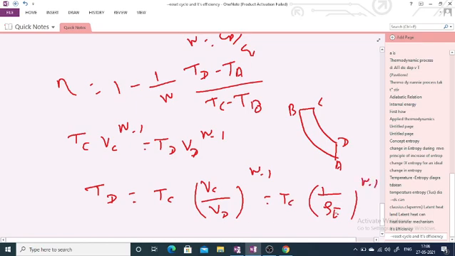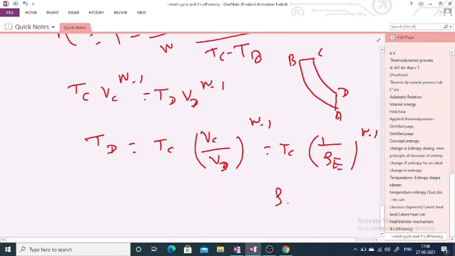The ratio of Vd to Vc is known as the expansion ratio: rho E is equal to Vd upon Vc. So we got Td is equal to Tc into 1 upon rho E raised to gamma minus 1.